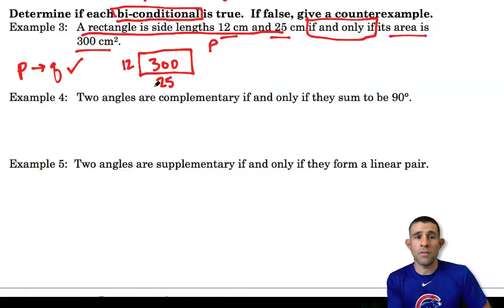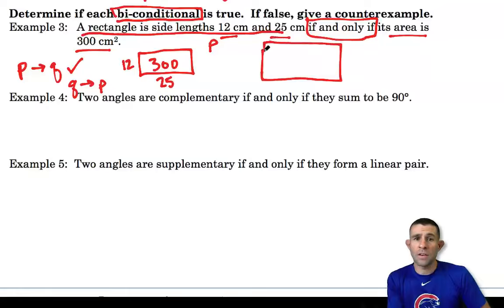However, if I switch it around now and I write Q arrow P, in other words the converse statement, then that would read if a rectangle's area is 300 centimeters squared, then its sides are 12 by 25. So in other words, I have to have a rectangle here where my area is 300 and the only two side combinations I can have are 12 and 25. Well, that's not true because I could have the side combination of 10 and 30.